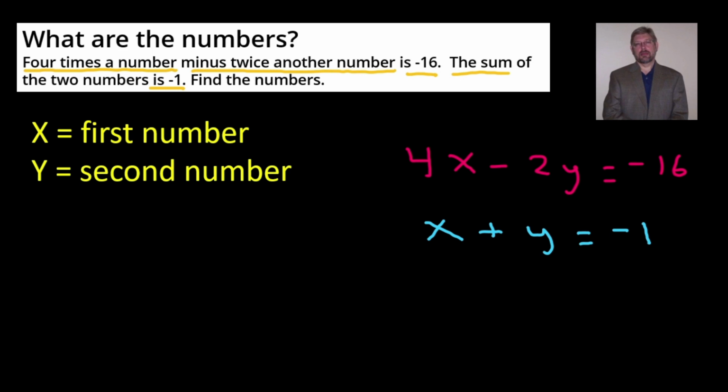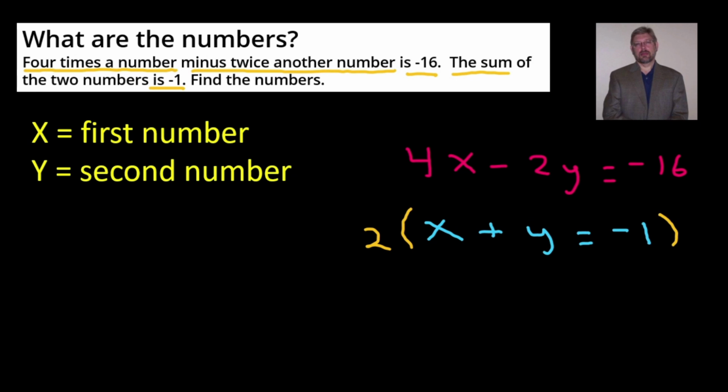Well, if we could get rid of one of the variables and only have one left, we could solve this problem. And that's easy to do. I'm going to take this second equation and multiply the whole thing by 2.